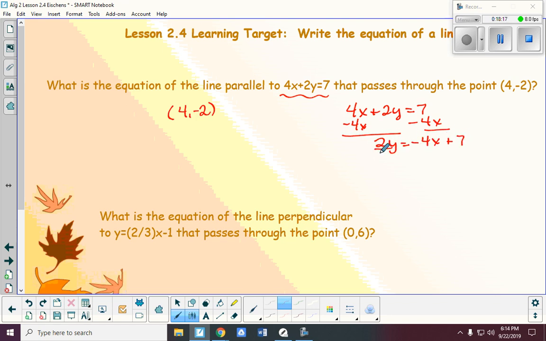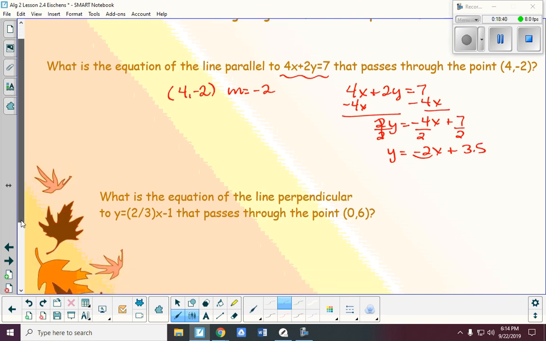And then we divide by 2. So this equation then in slope-intercept form is negative 2x plus 3.5 for the y-intercept. So the slope of this is negative 2, so a line that's parallel will have a slope of negative 2. And now you can use the point slope formula to write the equation.